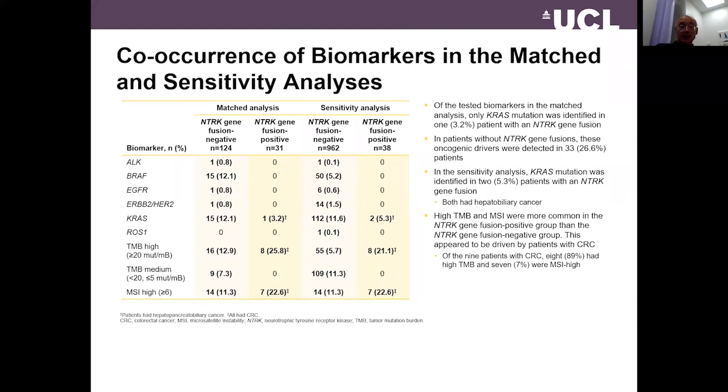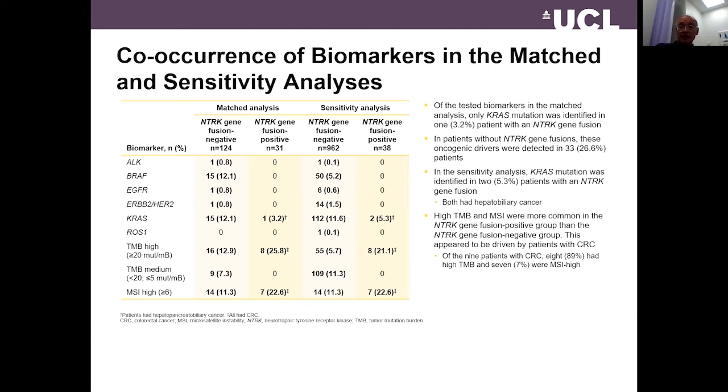And so that tells us two things. That tells us that these are genuinely single abnormality cancers. Single driver cancers, and to a large degree that explains their huge sensitivity to TRK drugs. That doesn't normally happen in cancer.